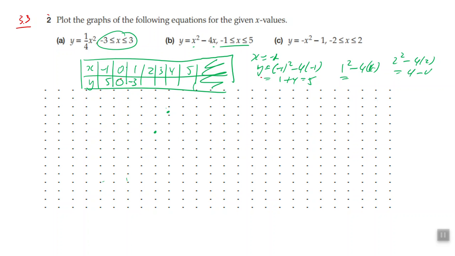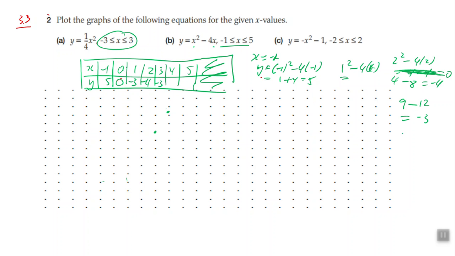Oh no, it's not 4 minus 4, it's 4 minus 8, so it's -4. When x is 3, you get 3 squared, which is 9, minus 4 times 3, which is 12, so it's -3.